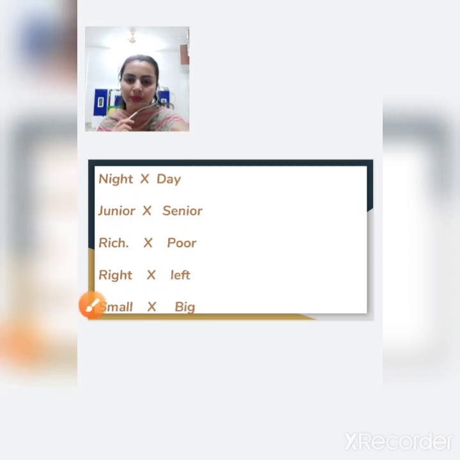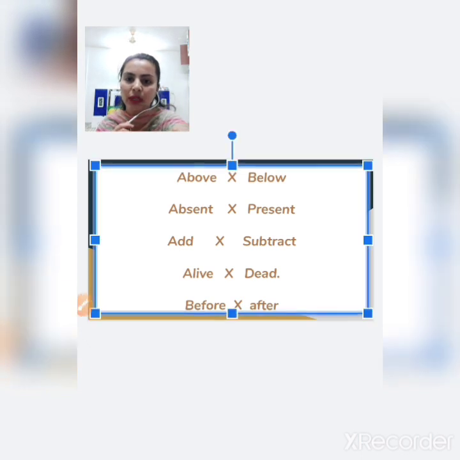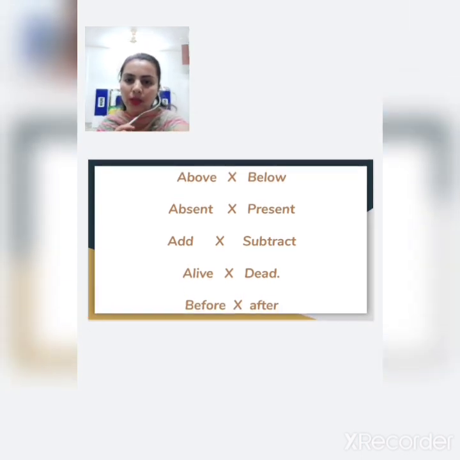Next, A-B-O-V-E, above, and the opposite of above is B-E-L-O-W, below.